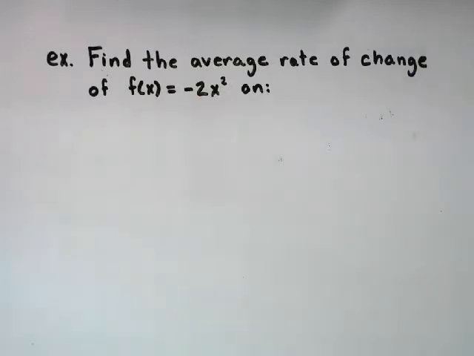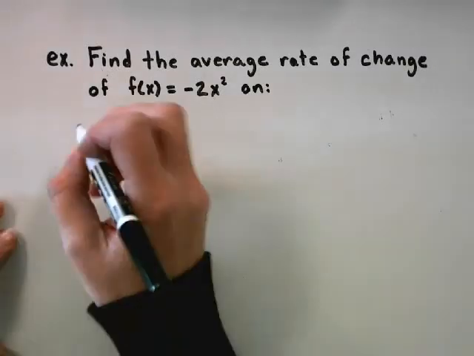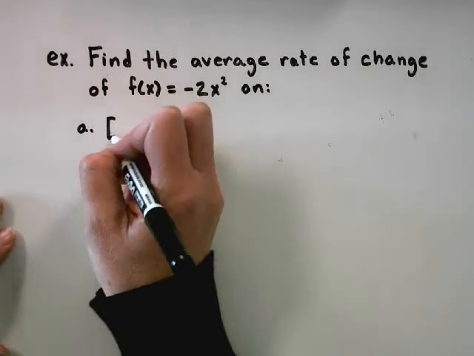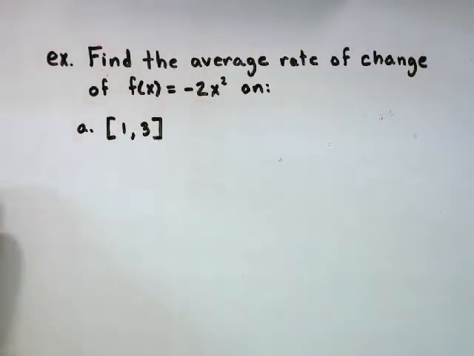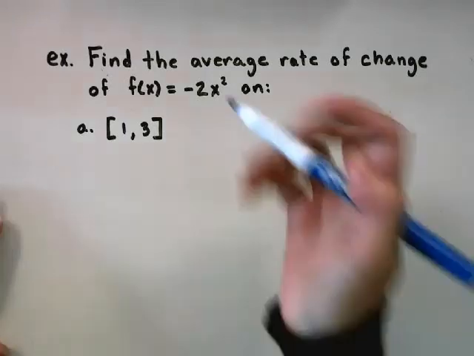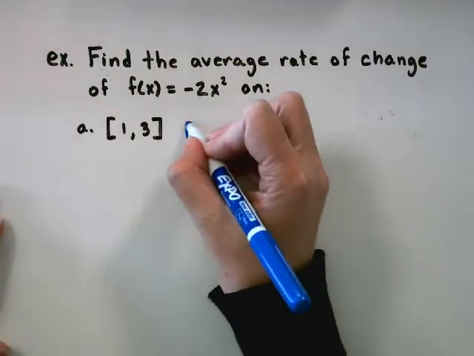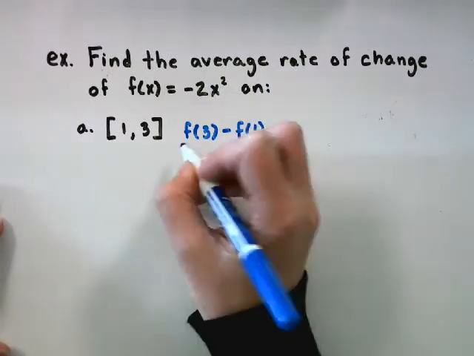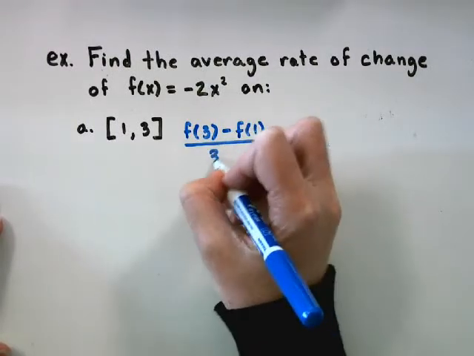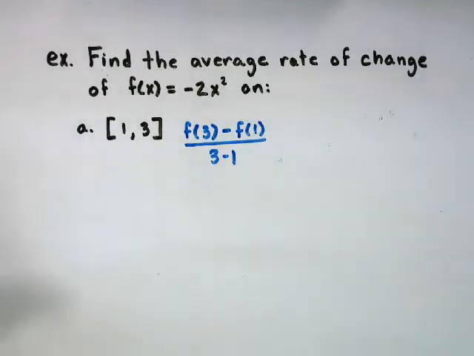So we'll do an example here. We're going to find the average rate of change of f of x equals negative 2x squared on, we'll do a couple of these. So first let's look at 1, 3. So that means we're going from an x value of 1 to an x value of 3. So my average rate of change is going to be f of 3 minus f of 1 over 3 minus 1.